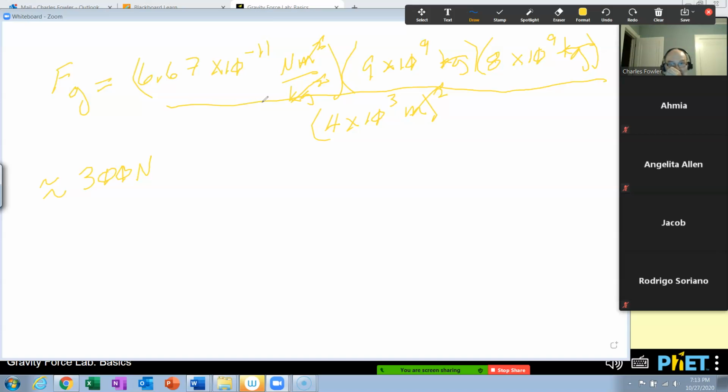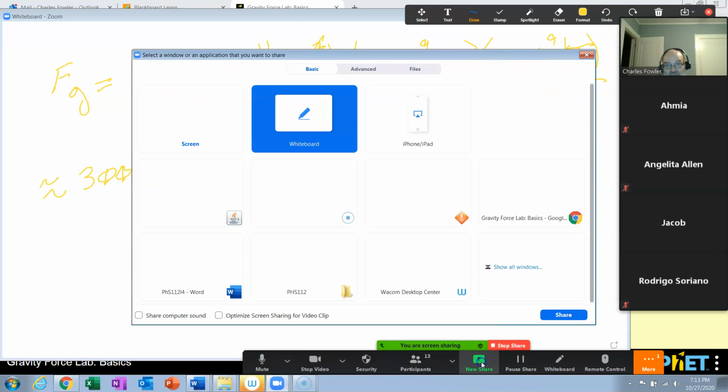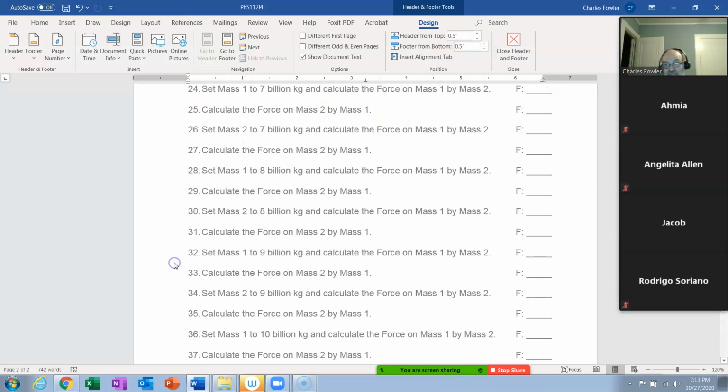Now, that was number 9 and 8. That was this one, 32. 33, same thing. 300 newtons. 34, bump up mass 2 to 9 billion kilograms.